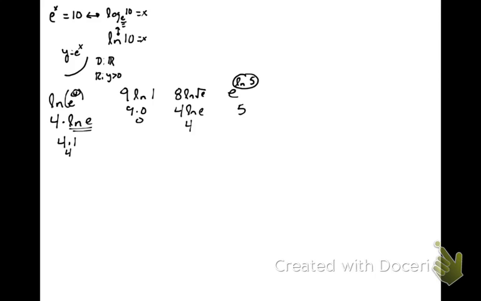If I were to write natural log of 5 in exponential form, it would be e to what power is 5. Right? So the natural log of 5 is the value of x. So this is e to the x equals 5.